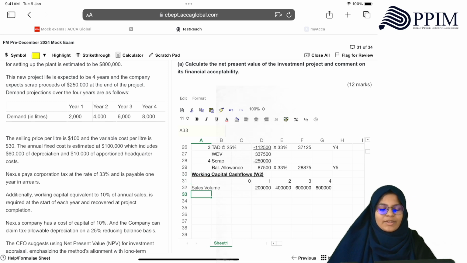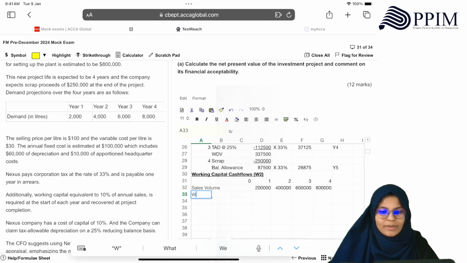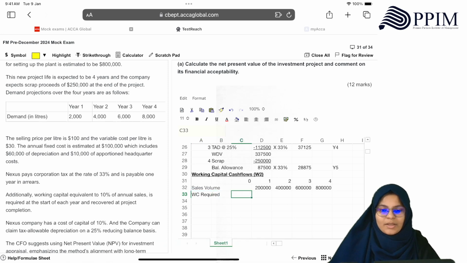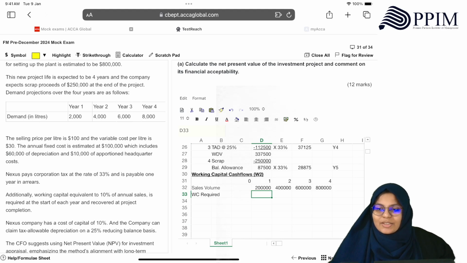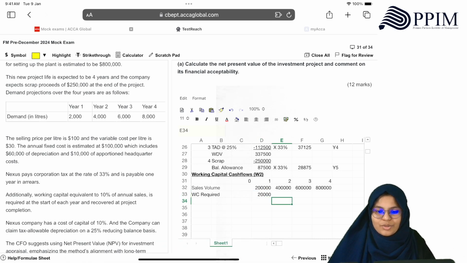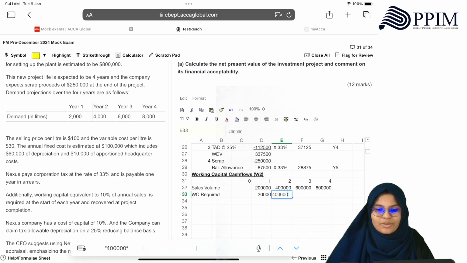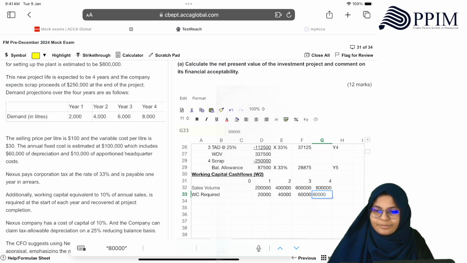Okay, right. So working capital that I require is actually 10%, they told me, right? So working capital required, it will be 10%. So 200,000 means of that 10% is going to be 20,000, right? So 10% of 200,000, 20,000, this will be 40,000, this will be 60,000, this will be 80,000.